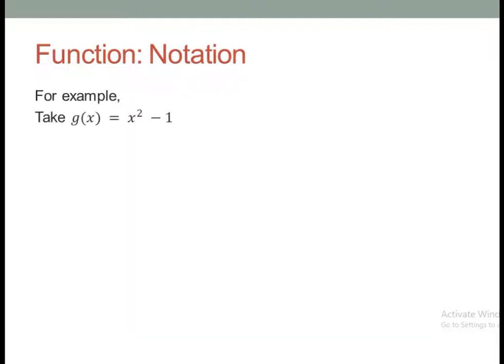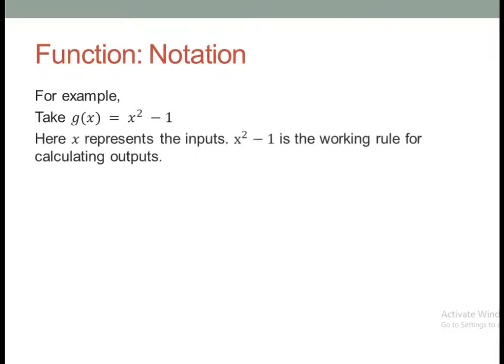For example, let's take g(x) = x² − 1. Here g is the name of the function, x is the input, and x² − 1 is the working rule for calculating outputs. So we can say g(2) = 2² − 1 = 3, as it was x² − 1.